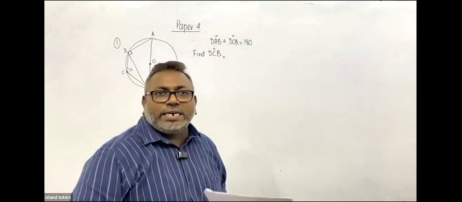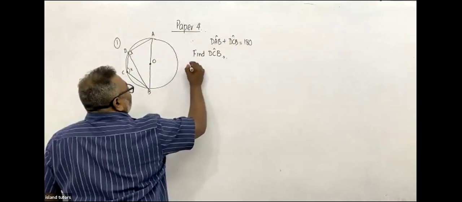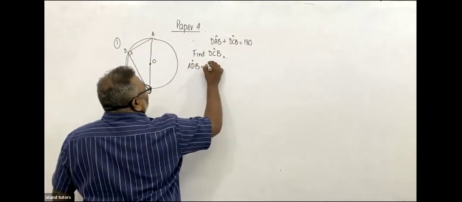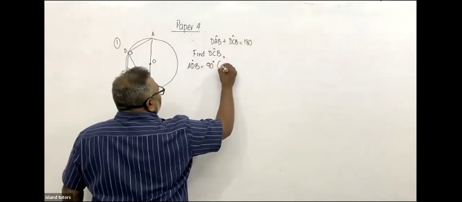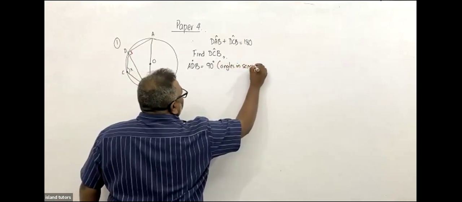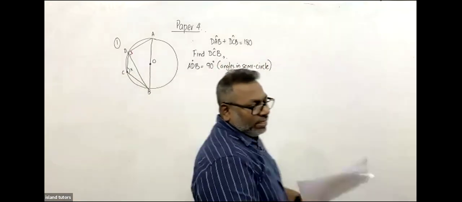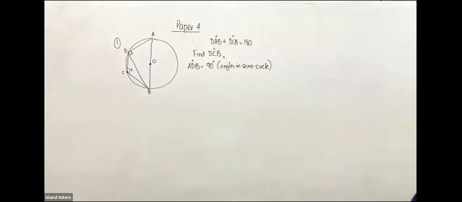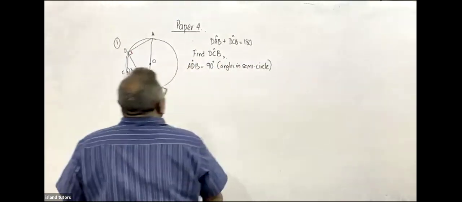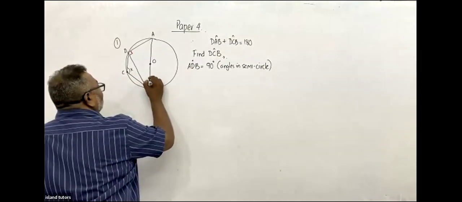What is that angle? ADB angle. So ADB angle is equal to 90 degrees, angles in a semicircle is 90 degrees.